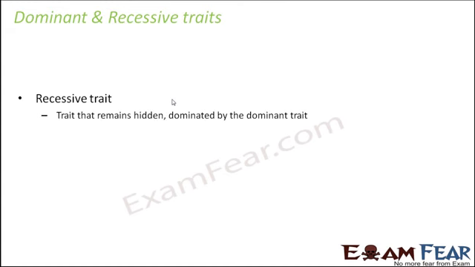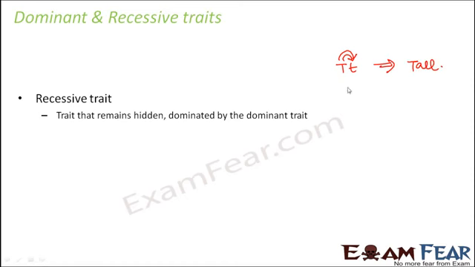As I said, this trait remains hidden because it is dominated by the dominant trait. Now just think of the situation where the dominant trait itself is not present with this trait. Then it will express itself, right? When it gets dominated, the dominant trait dominates over it and it is not expressed.